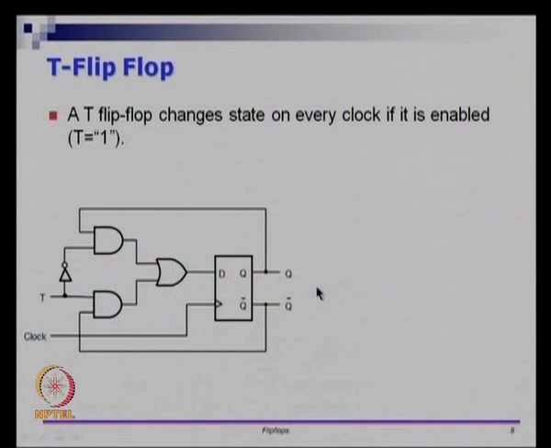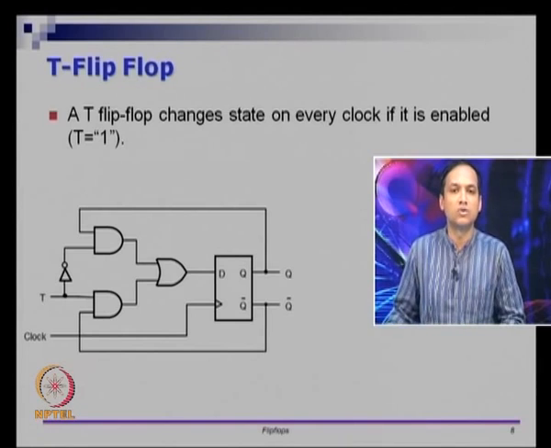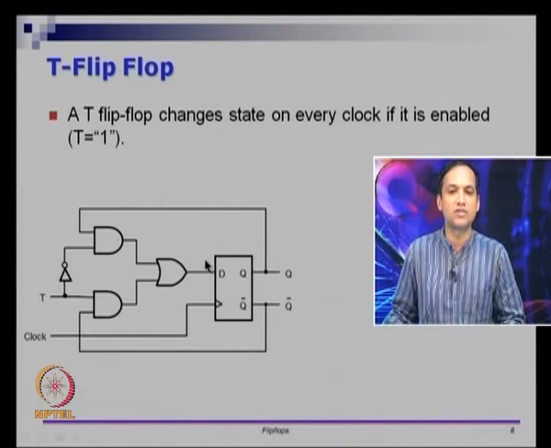Then let us look at a circuit called a T flip flop. T flip flop is an interesting circuit. So T flip flop is actually a minor variation of the D flip flop. So let us look at the circuit. You have a D flip flop and there is some circuitry here. This circuitry is actually doing the function of a mux or a multiplexer.